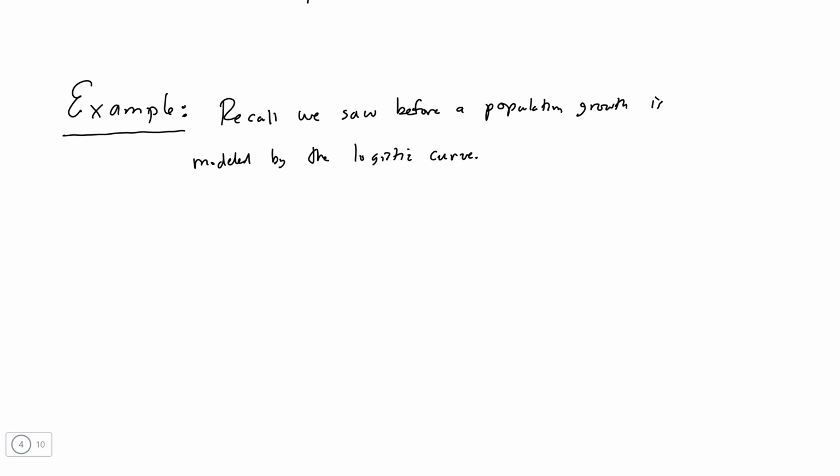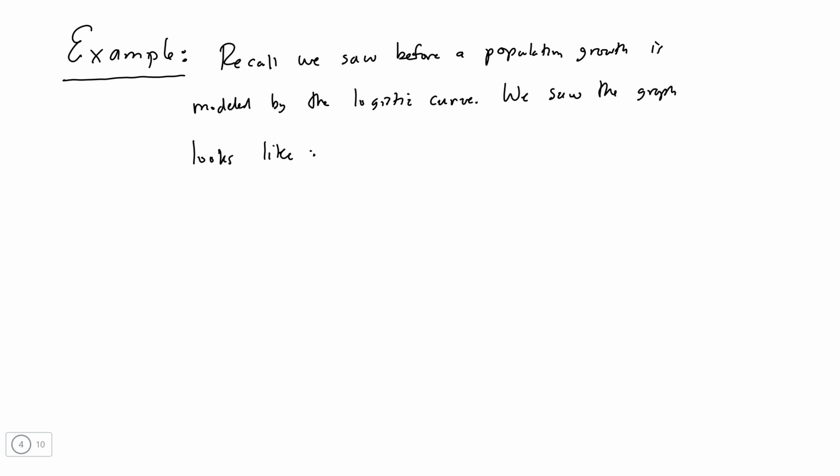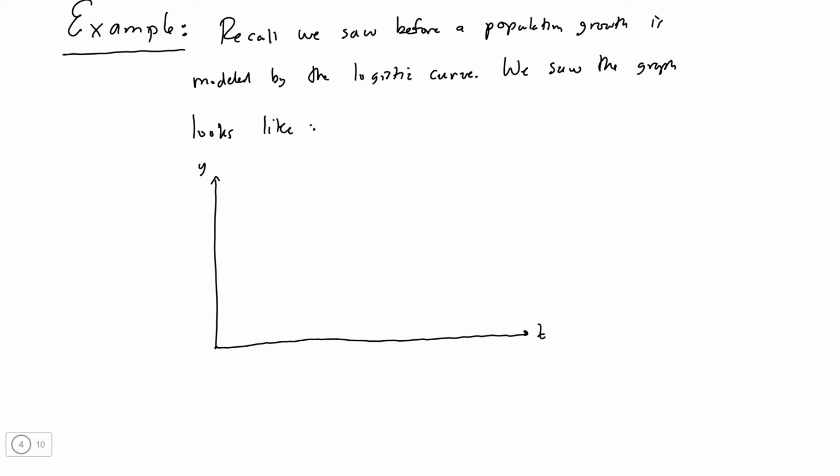All we care about is the graph. So this is our logistic curve here, and we had some value up here, L, that the population is going towards.